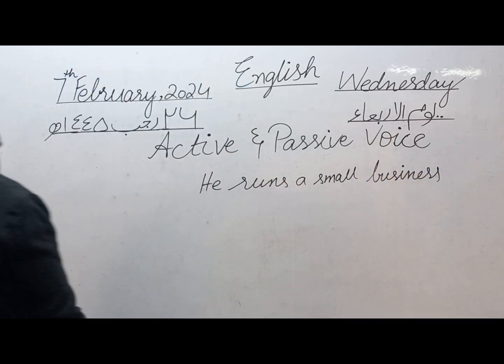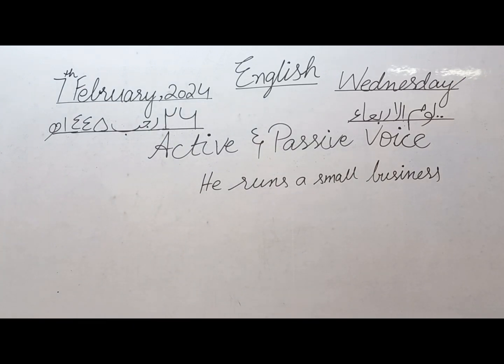So tell me what will be the passive voice of this sentence? A small business will be run by him. Okay, you said a small business will be run by him.